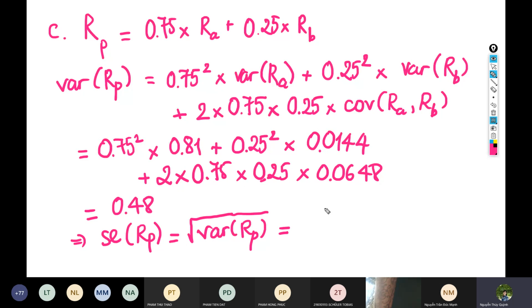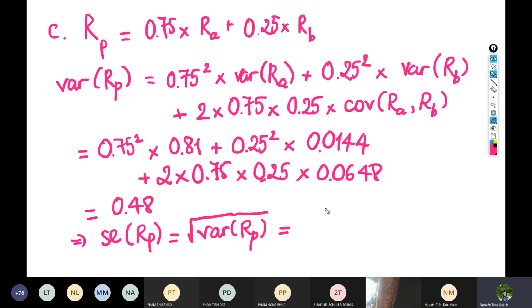data, the sample statistic. Usually in reality we do not have the exact information of the parameters of the populations. We usually have the sample statistic. Then here please call it the standard error and the sample variance of the return of the portfolio.